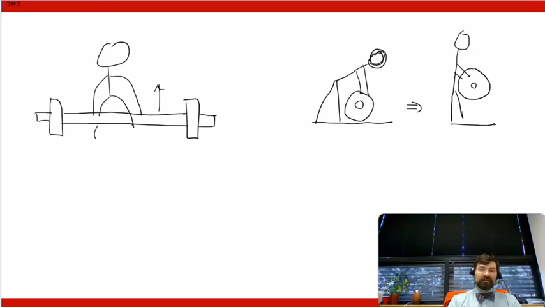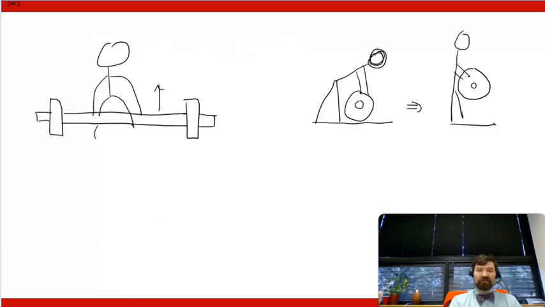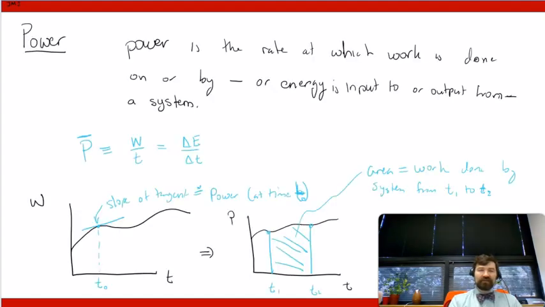Well, it takes more time to walk upstairs than to run upstairs, and it takes more time to very slowly draw the weight upward than to quickly pull it upward. So given that power is work per unit time, work over time, if I have a longer amount of time to do the same work, in other words, W remains the same but T gets bigger, then the power is going to be smaller, and vice versa.